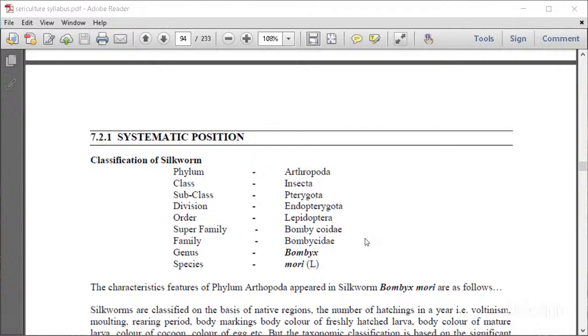The wild silkworm Bombyx mandarina is the ancestor of the mulberry silkworm. Artocarpus incisus is mentioned as the ancestor of both Bombyx mori and Bombyx mandarina. The Bombycidae includes the domesticated silkworm along with its ancestors.